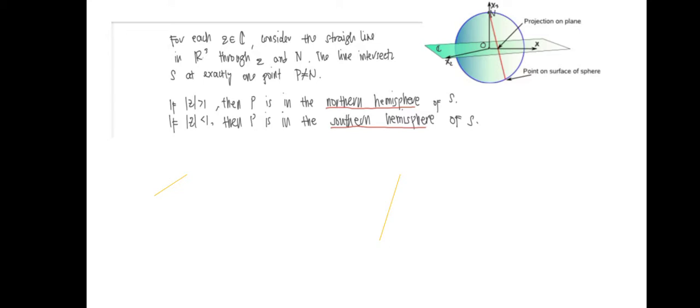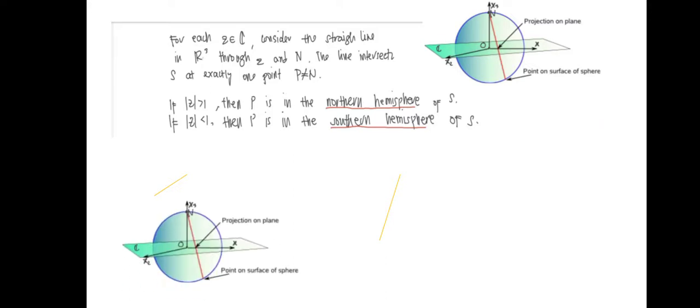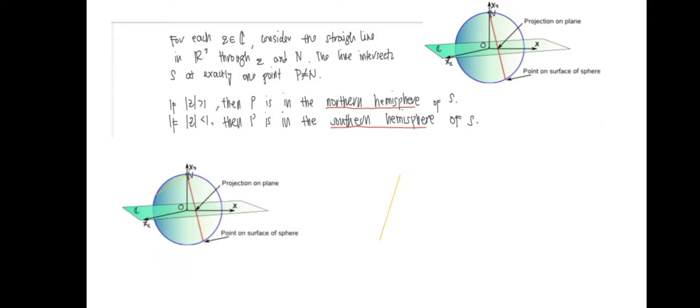If the absolute value of z is greater than 1, then P is in the northern hemisphere of S. As you can see, there was a yellow line in the upper left side of the figure. Our point from the North Pole is connected to the surface of the sphere, and this point is above the equator.